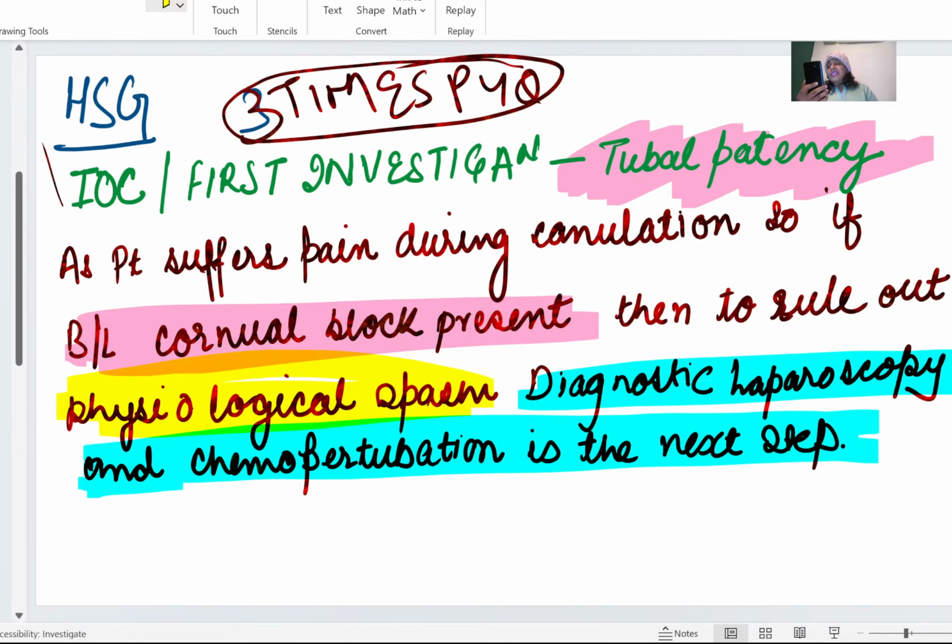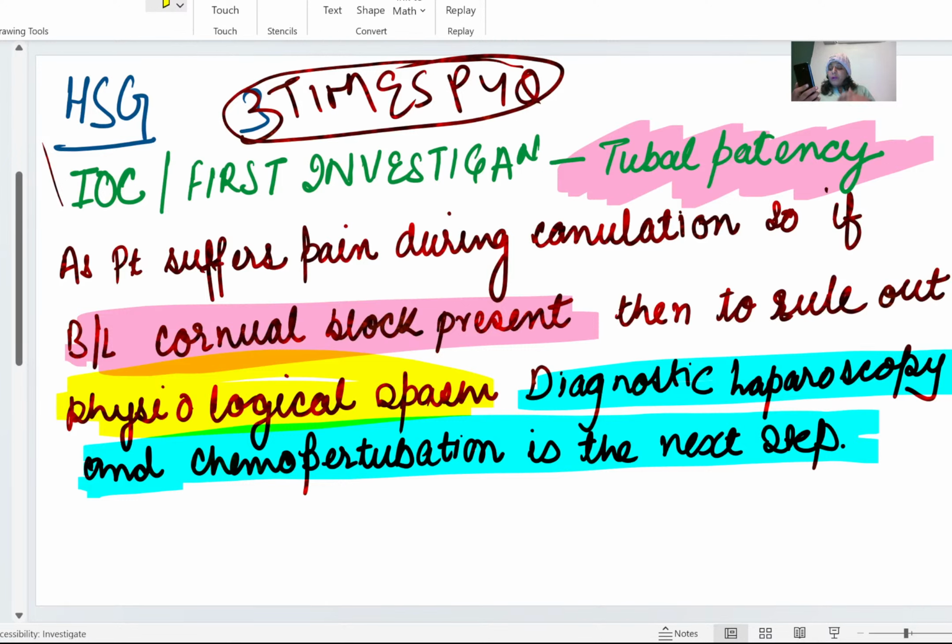What is the next test? Write down in the chat box. Dr. Medha, Dr. Isra, write down in the chat box. It can be anatomical, it can be physiological, but we cannot differentiate. I will be explaining it, Dr. Medha.